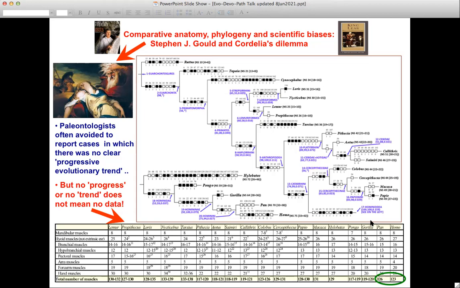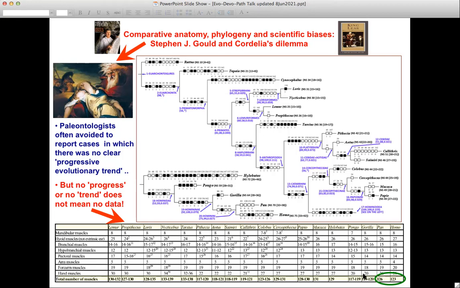But this graph is actually interesting to show these trends, because Stephen Jay Gould actually said that having no trend does not mean that something is wrong. For instance, in this case, to simplify, humans are the primate that evolved more in terms of muscles and so on, evolved more steps since the first primate, as we have measured in previous phylogenetic studies.